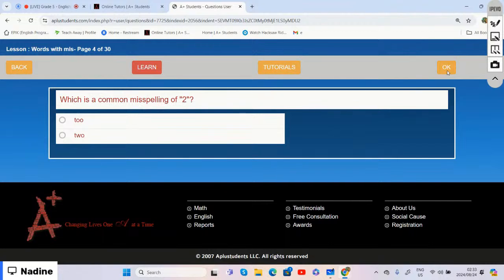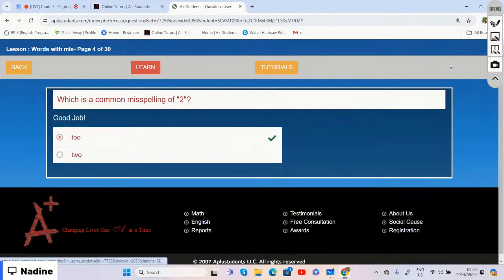All right, so the misspelling of two is the first option, which is T double O, right? And that means like me too. That is what it actually means.